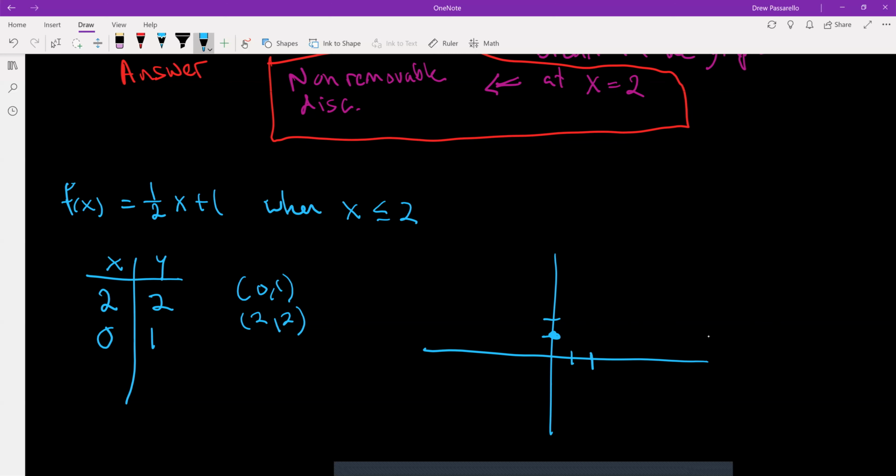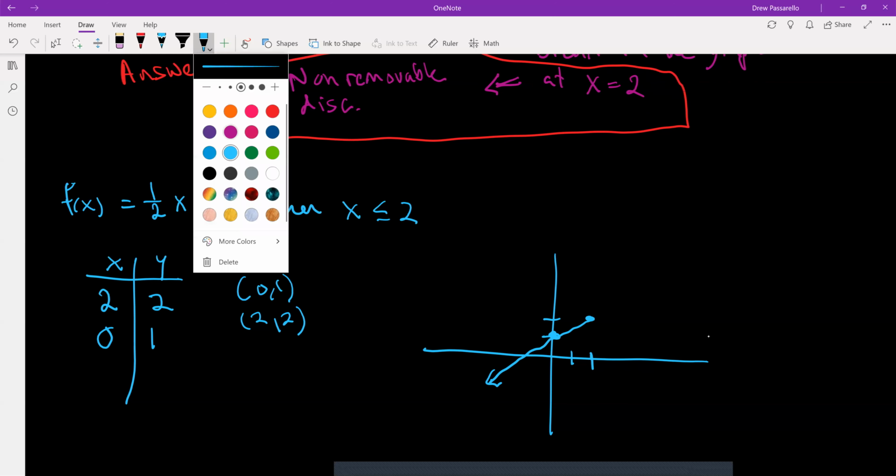Yeah, and then 2, comma 2. And I'm only focusing when x is less than or equal to 2. Basically, I just need these 2 points. So the only direction I'm going to be going is to the left, forever, because I'm dealing with less than or equal to 2. All right, so that's for that piece.